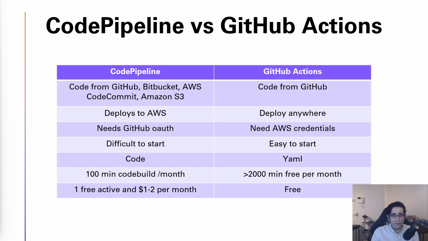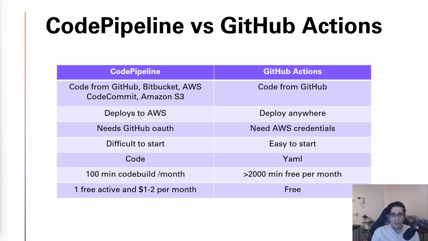In GitHub Actions, we get a minimum of 2,000, and if you have an enterprise account or not a free account, you get more minutes a month. And finally, GitHub Actions are free. With CodePipeline, you can have one active pipeline for free.